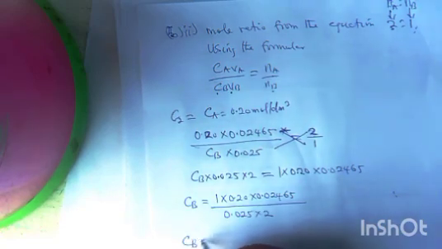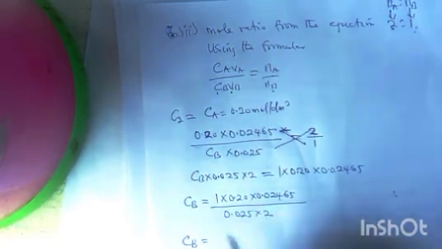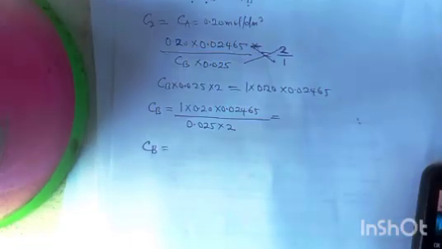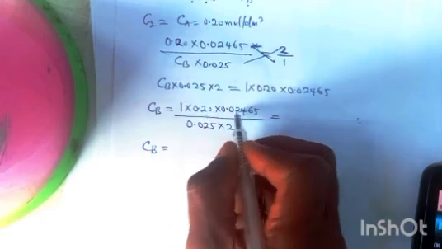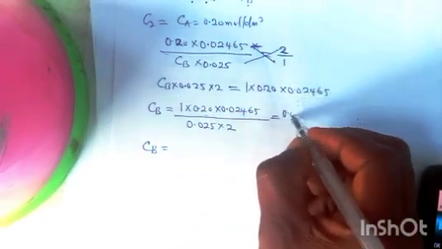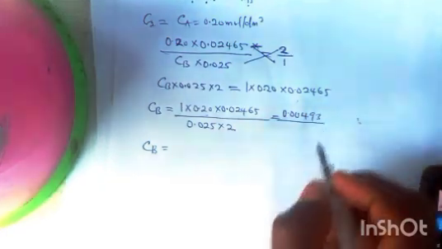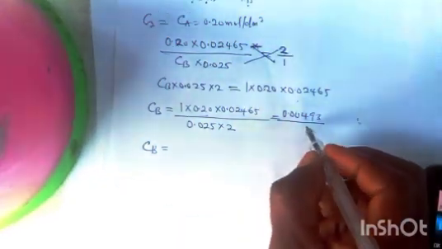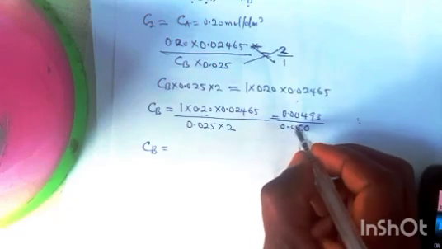Therefore CB, we assume that after calculation you'll get a value of... so I don't know, we have 1 times this, which will give us 0.00493 over 0.50.